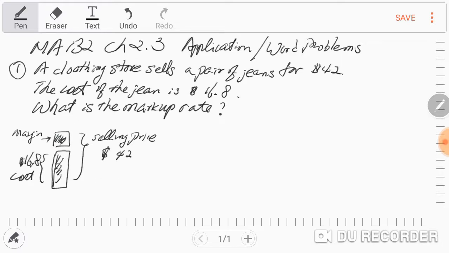The margin amount is the selling price, 42, minus the cost. So the margin amount is $42 minus $16.8.